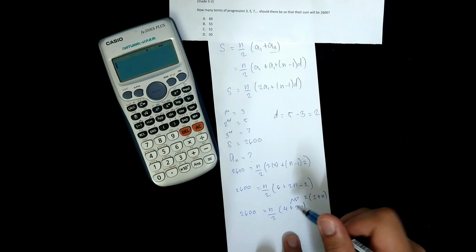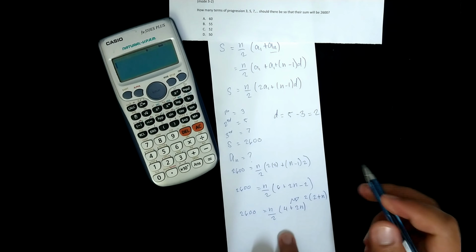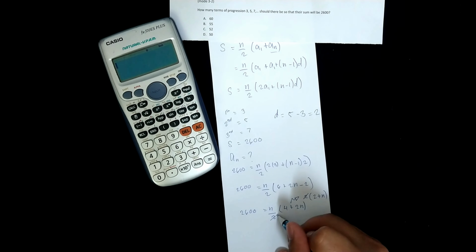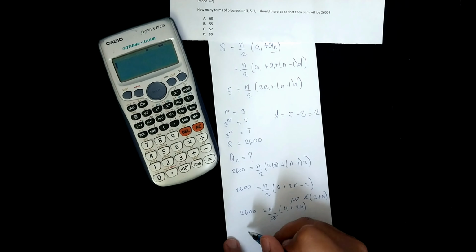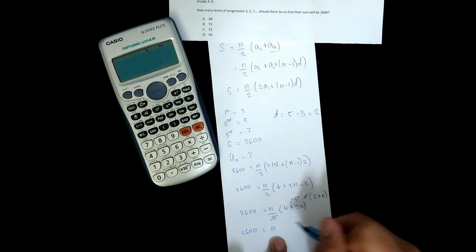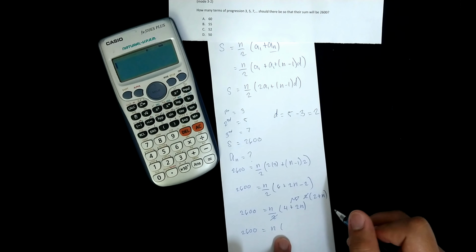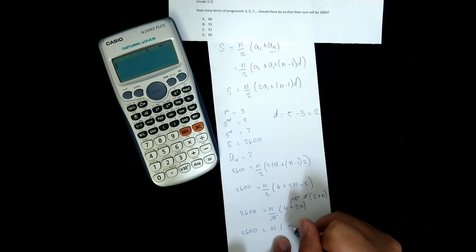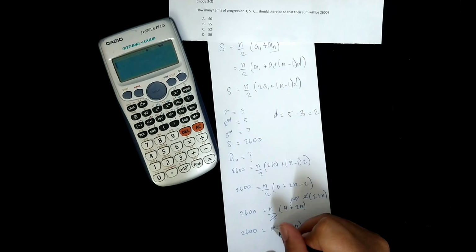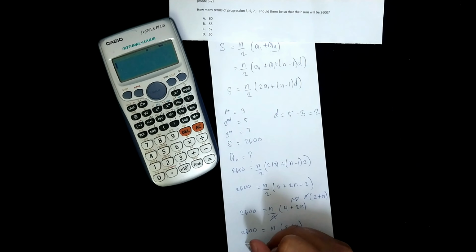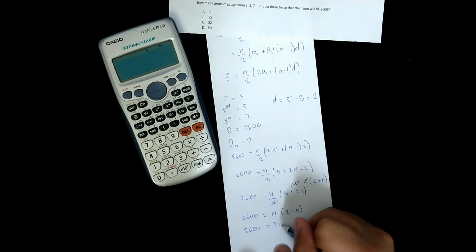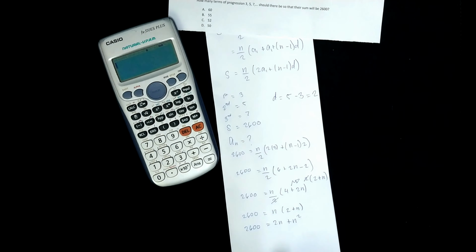We just move outside the 2, so this one will cancel out this one. So it will become equal to n times this one, 2 plus n. Then distribute again. It will become 2,600 equals 2n plus n square.